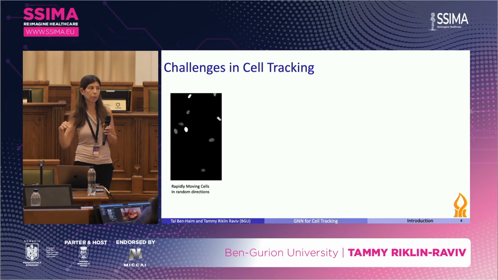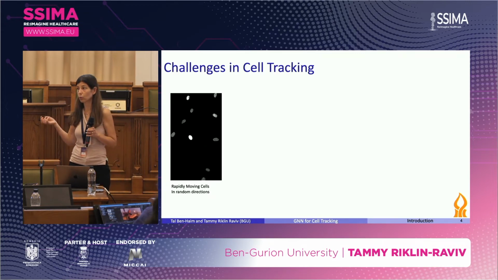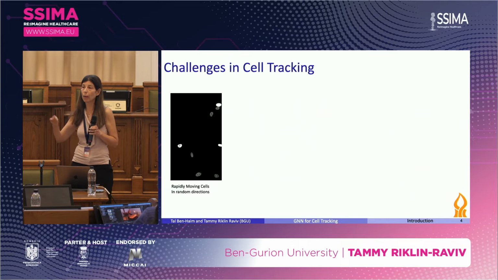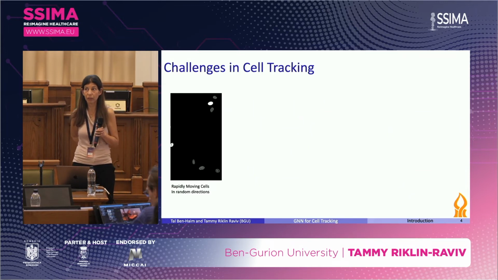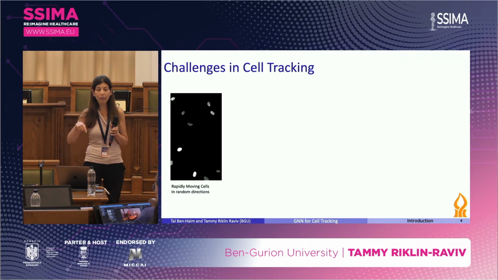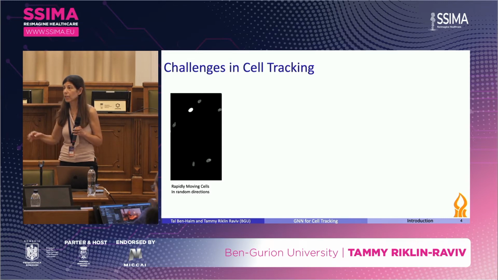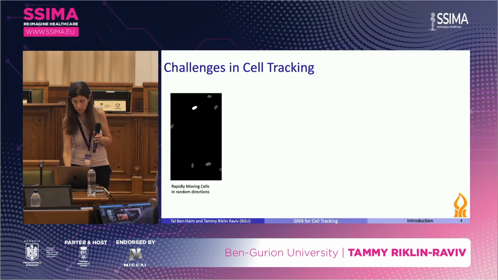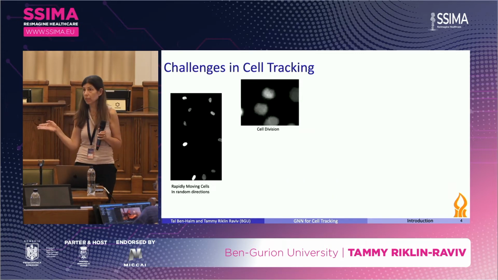This is why biologists try to have a photograph every 15 or 20 minutes, and if the dynamics of the cell are higher, they appear to be moving really rapidly. Another thing which is very different from car tracking, for example, is that their motion appears to be really random. Another issue, which does not happen to cars, is that cells split.